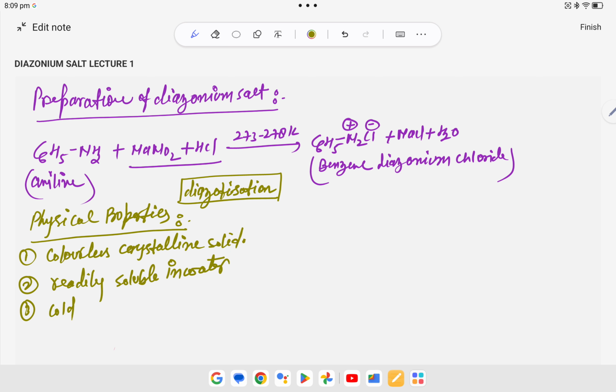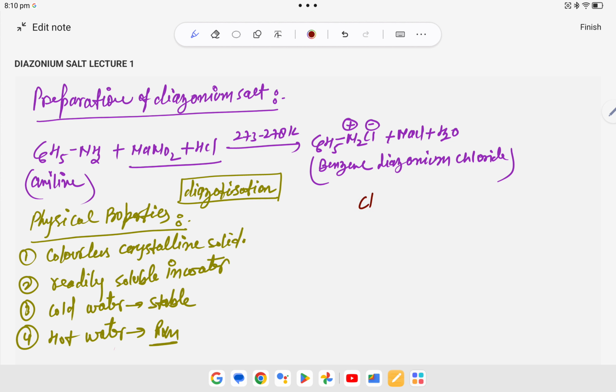In cold water they are stable, that means no reaction in cold water. In hot water they are reactive, they will show reaction in hot water. So these are the physical properties.